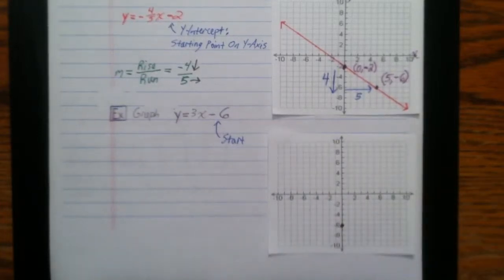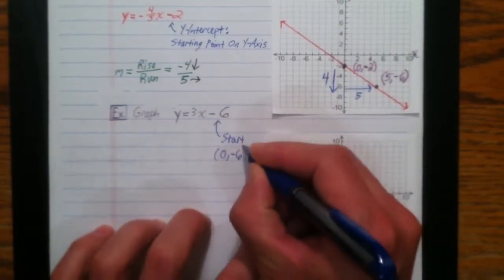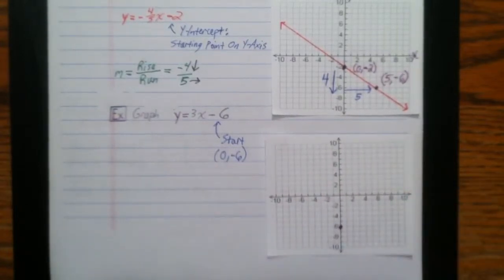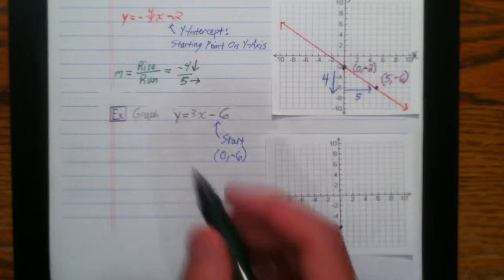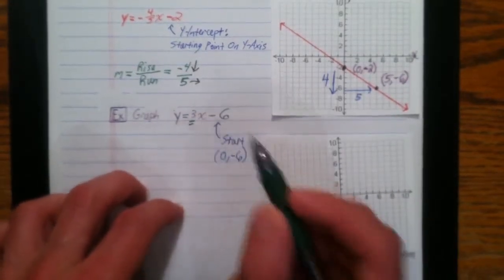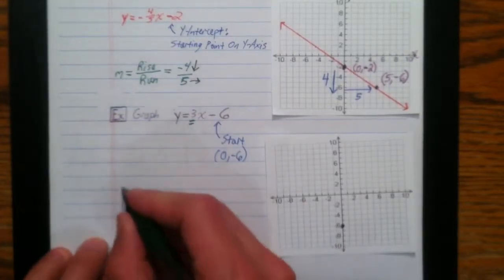From there, we want to use our slope to graph at least one more point. So in this case, the slope is the number attached to x, which is 3. So our x has a coefficient of 3.